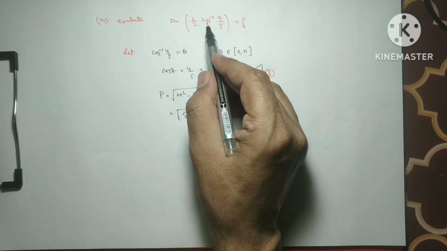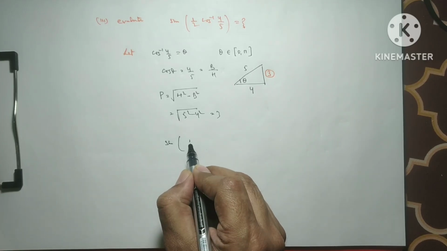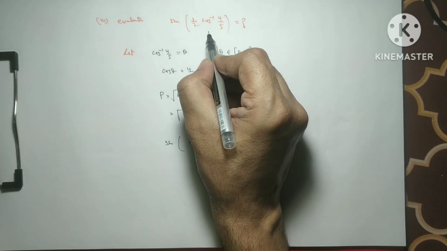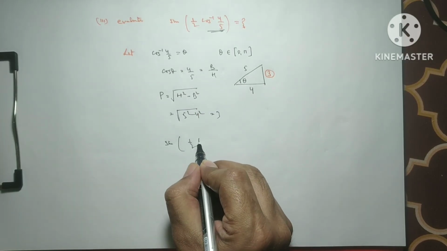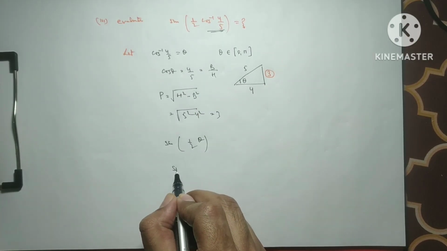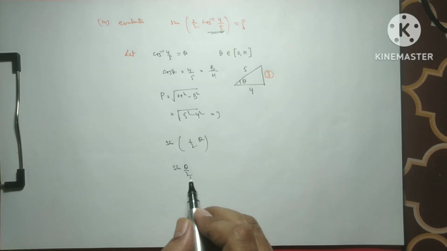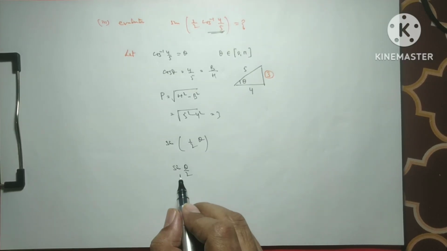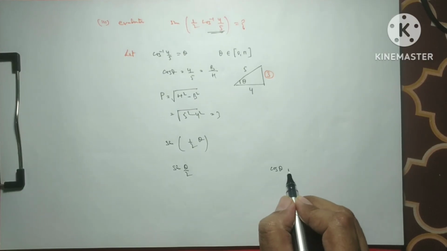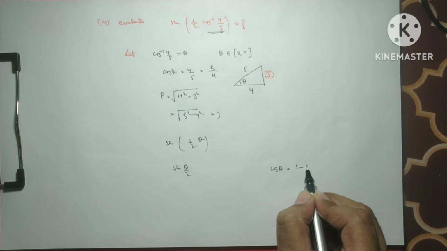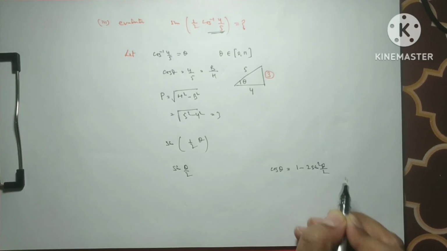Right now we put sine half, and this is the theta, so we get sine theta by 2. And according to this, we have the formula cos theta equals 1 minus 2 sin square theta by 2.